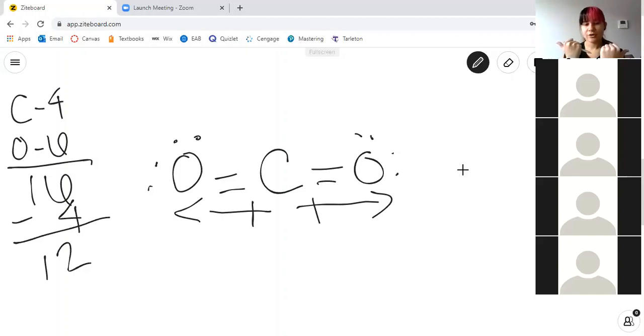So they cancel each other out. And that's why overall carbon dioxide is nonpolar, but it does contain some polar bonds. Does that make sense? It's like if you're playing tug of war and you're both tugging with the exact same strength, that rope's not going to move.